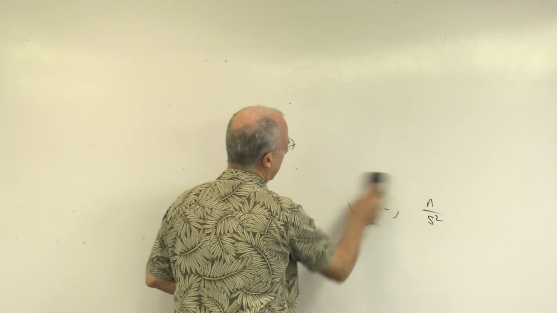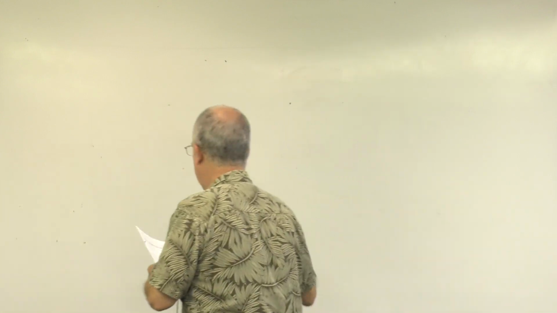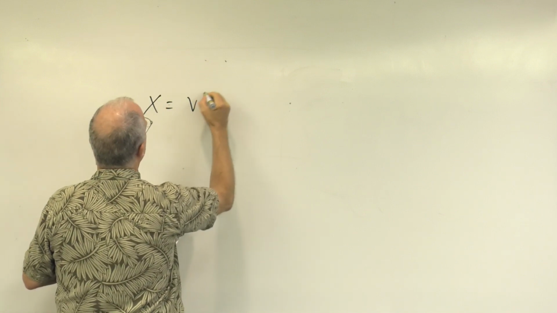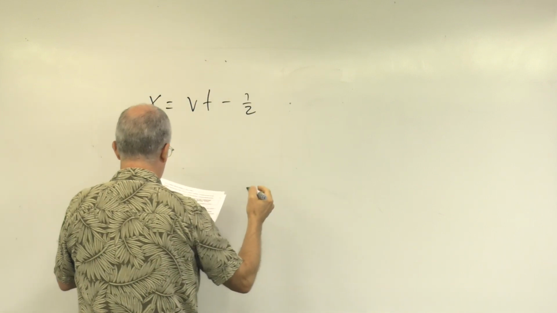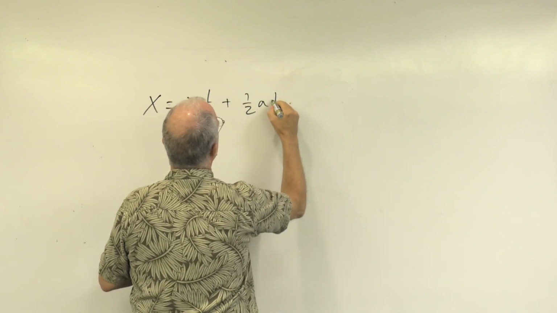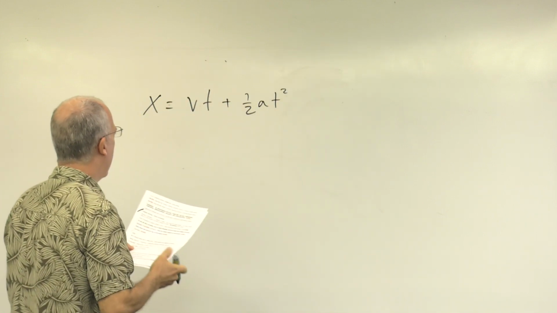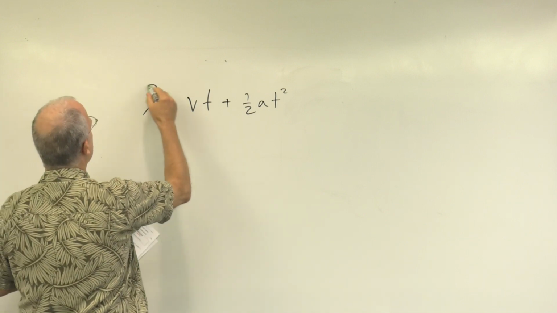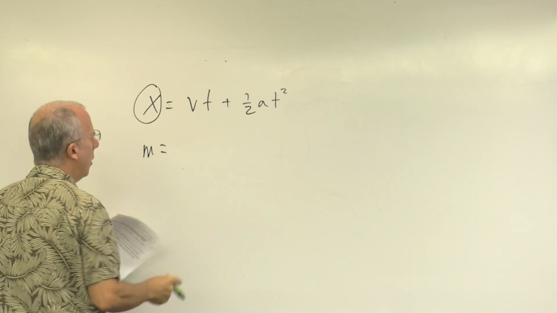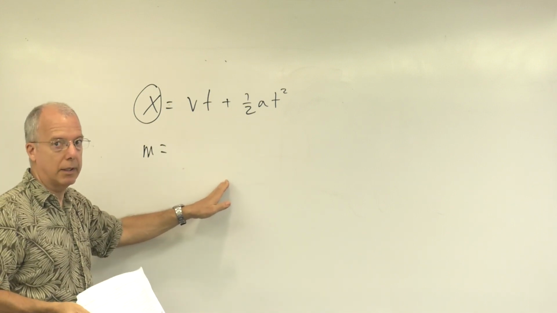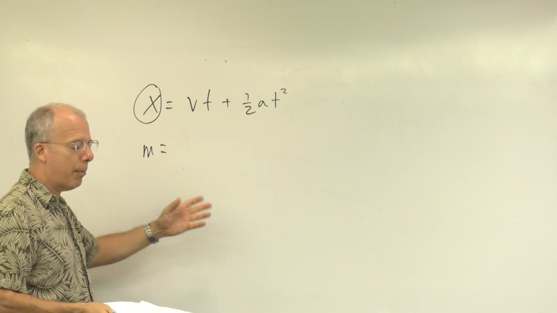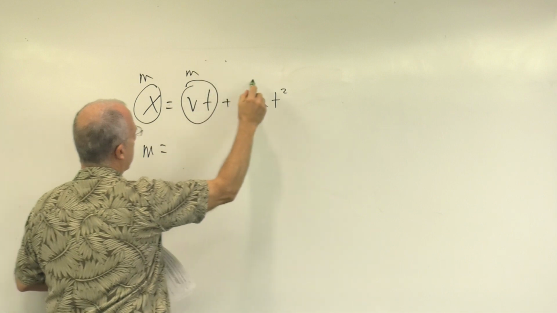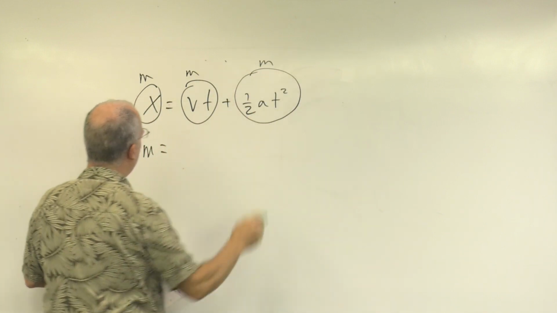Here's another example. This is an equation we'll learn next chapter: x equals vt plus 1/2 at squared. Okay? So let's do dimensions. This is a distance, so it's in meters. Well, you can't have a meter equal to a kilogram. That doesn't make any sense, right? You have to have meters equals meters. You can't have apples equals oranges. So this has to be a meter, and this has to be a meter, right? Okay, so let's see if it works.